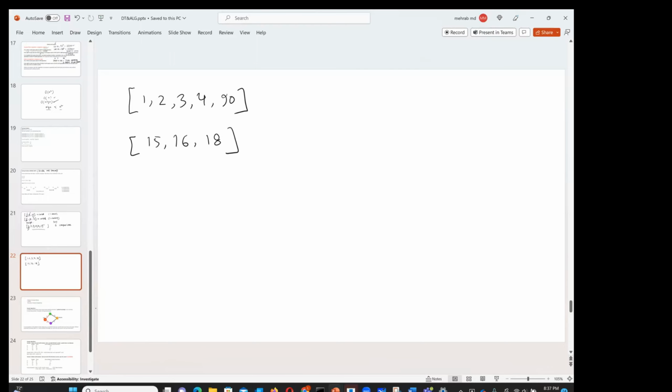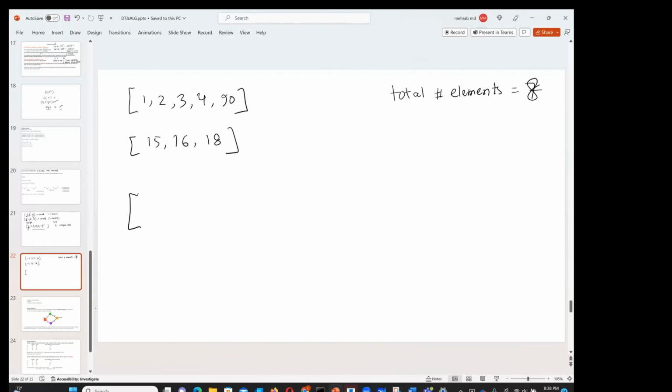These two are sorted, right? In total, how many elements do we have? 8 elements.